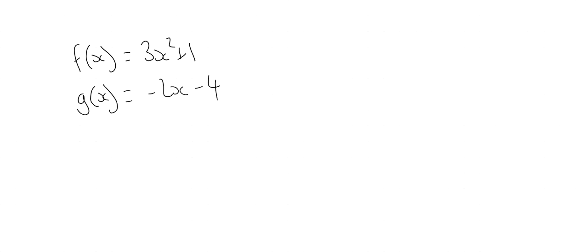So I could give you two different things like this, and then I could ask you to find fg of x. What this means is I take f, but when I get to the letter, I have to put in all of g.